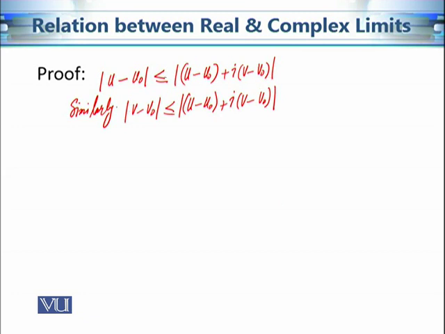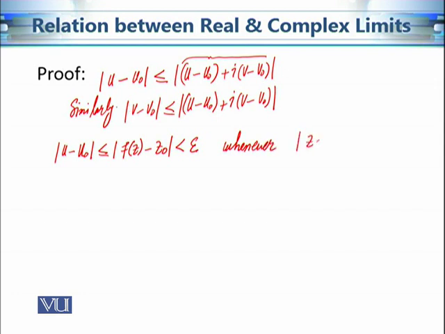Let's start from the first step. We want to prove that |u − u₀| is less than epsilon. So this is less than or equal to, and this statement is in fact |f(z) − z₀|. In other words this becomes |f(z) − z₀|, which is less than epsilon whenever |z − z₀| is less than delta and of course greater than 0.